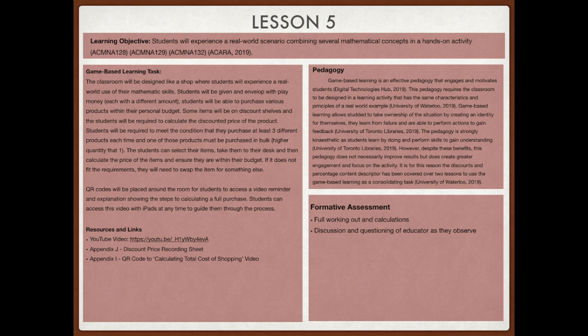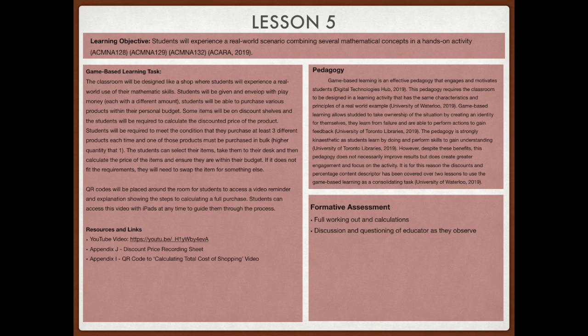The last lesson of this learning sequence is for students to combine all of their understanding of the decimals, fractions and percentage concepts that have been covered into one game-based learning task. So the classroom would be set up like a shop, with different discount prices on different shelves and things like that.